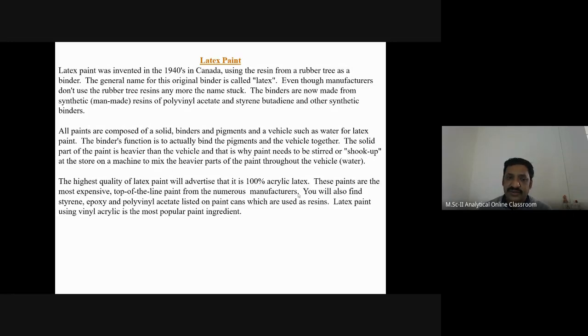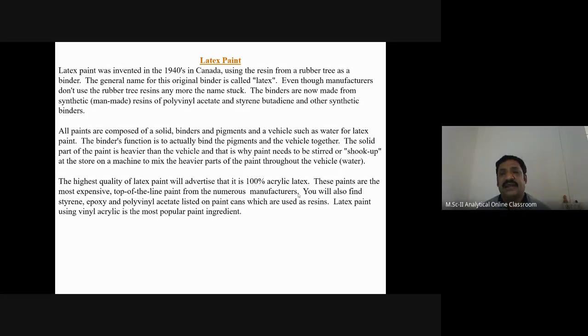Latex paint using vinyl acrylic is the most popular paint ingredient. So acrylic polymer paint is the most popular latex paint, and along with that another one is styrene, epoxy, polyvinyl acetate and the like.